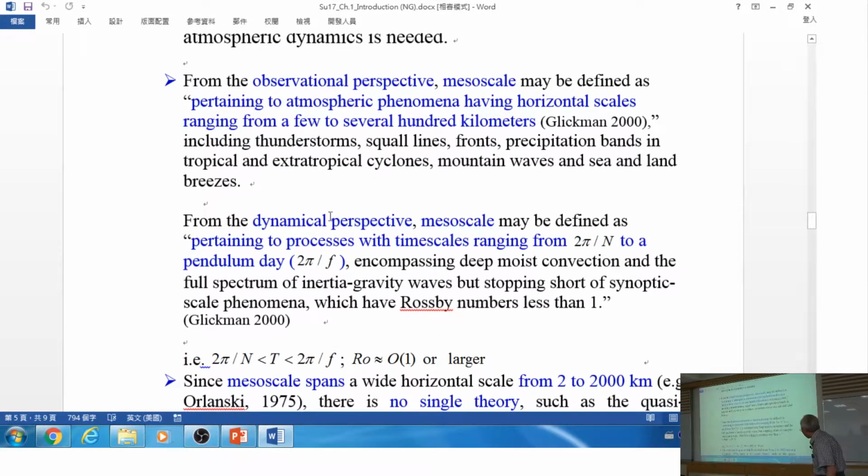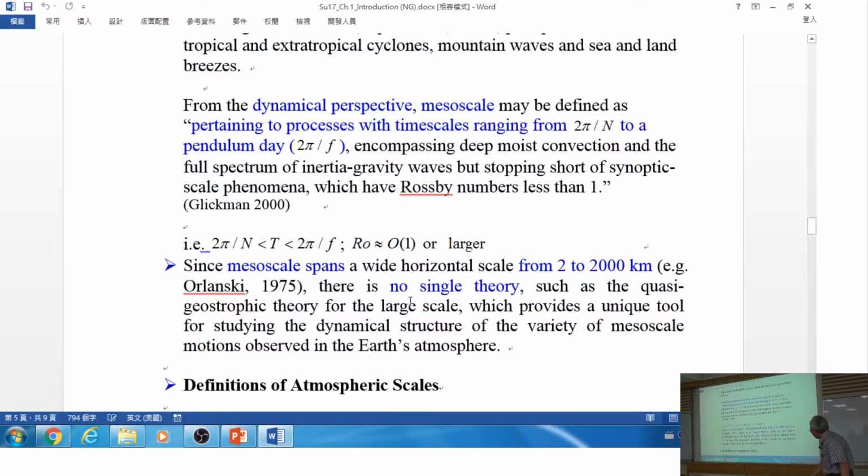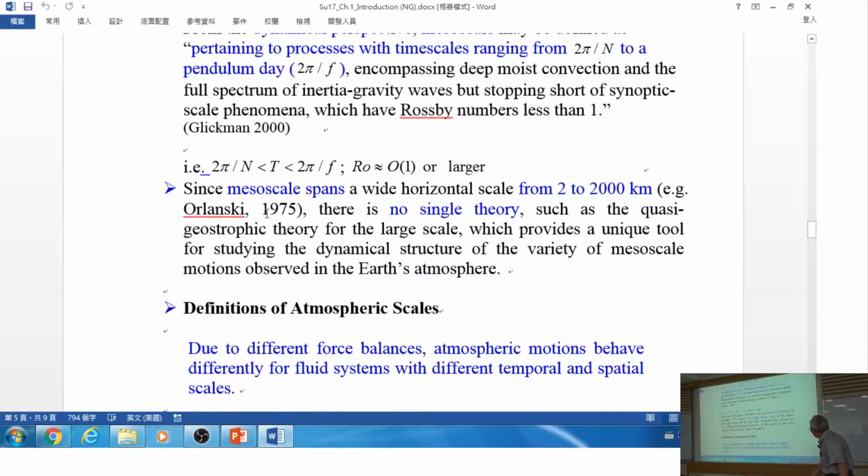And from the dynamic perspective, mesoscale may be defined for processes with time scale ranging from 2π/N. Mesoscale spans a wide range from 2 to 2,000 kilometers, based on Orlanski's definition, because Orlanski is a mesoscale person, so everybody wants bigger territory.